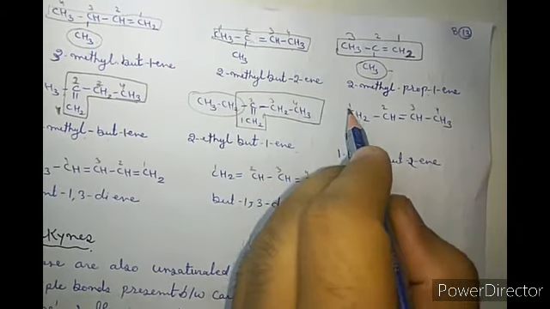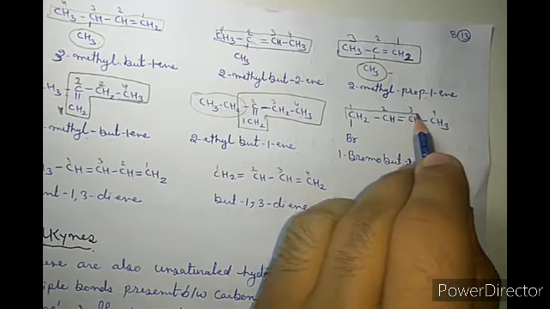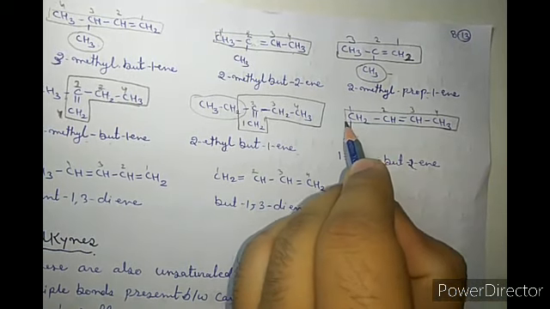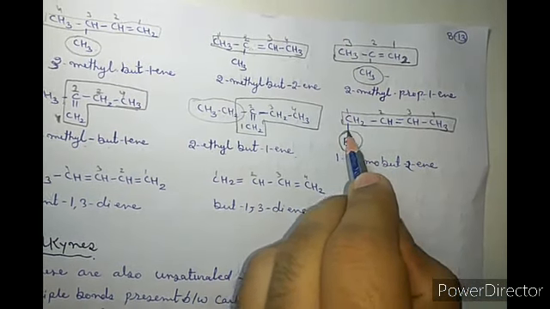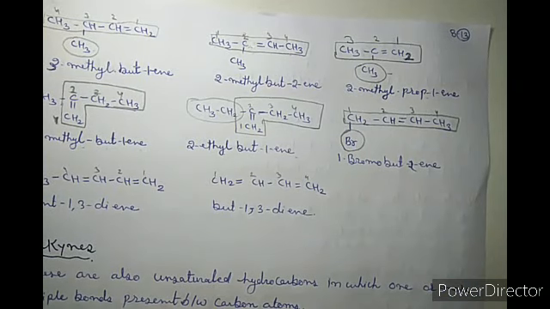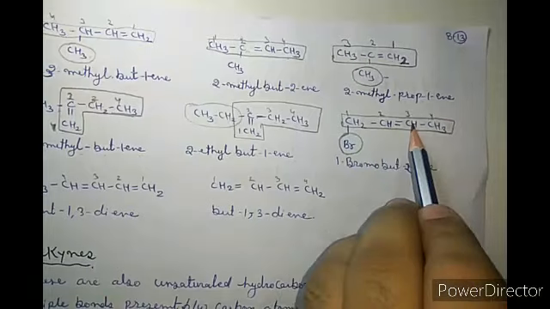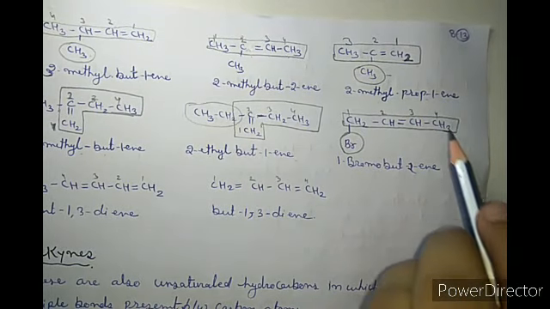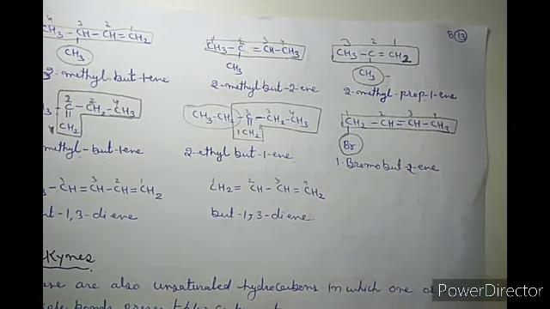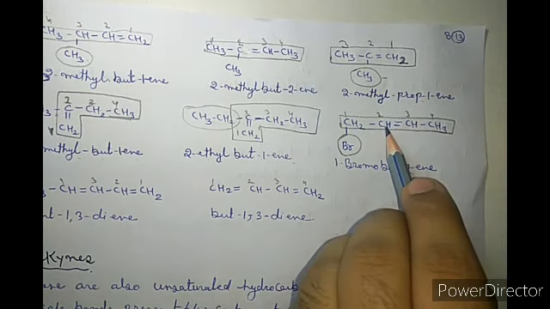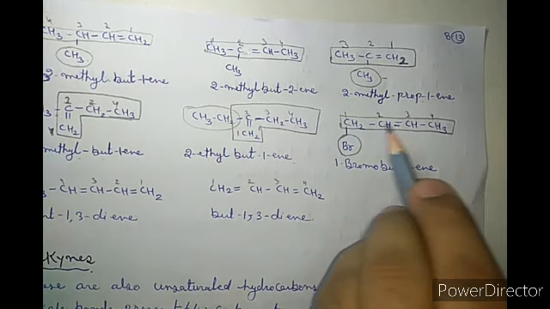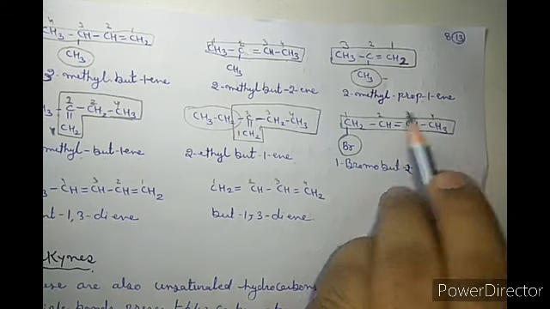Here, this is our main chain. It is our substituent. Firstly, give the minimum number to the double bond. 1, 2, 3, 4. Both sides, the double bond is getting 2.